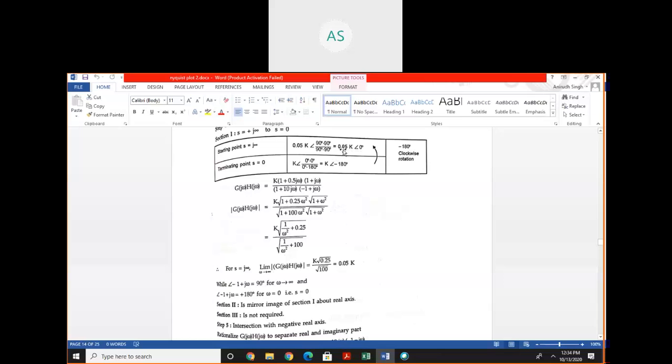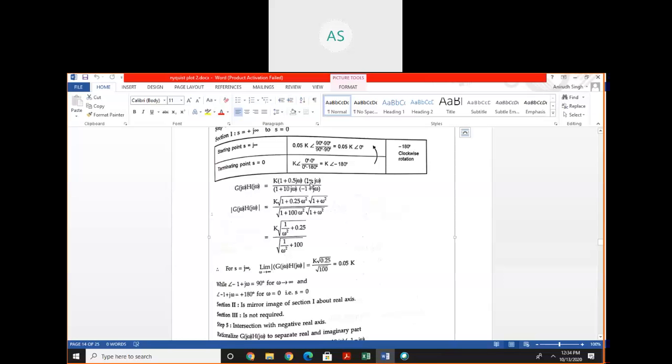So in this case, we substitute 0.05k as magnitude. This term contributes 90 degrees, and this term contributes 90 degrees. So we get 0.05k and angle is 0 degrees.